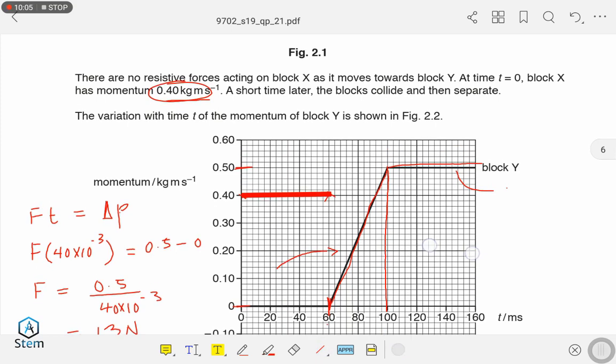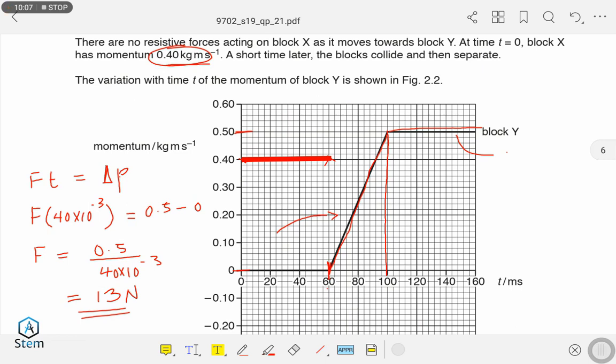When these two interacted, the momentum at the beginning should be equal to the momentum at the end. So the momentum of the system at the beginning is 0.4 plus 0. 0.4 is the momentum of X and 0 is the momentum of Y, because we have been told that Y was stationary.